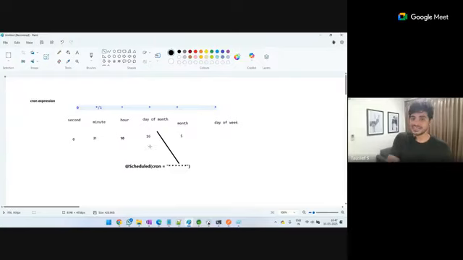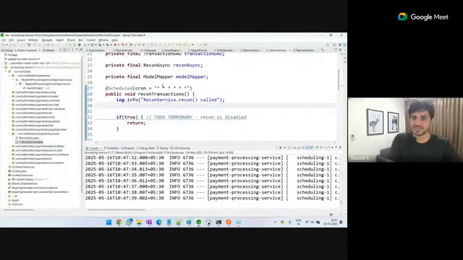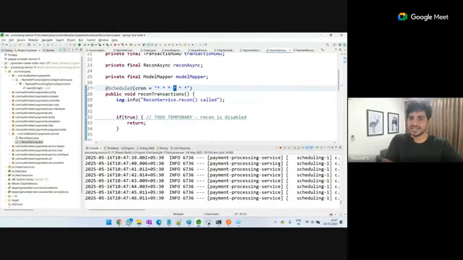Instead of putting 16, I will put here 17. Then think, what will happen? So the day of the month, I'm changing it to 17. Just process some thoughts: seconds, minutes, hours, day. We are putting a number saying today is the 16th, and putting 17 here. Think about it, what is going to happen.